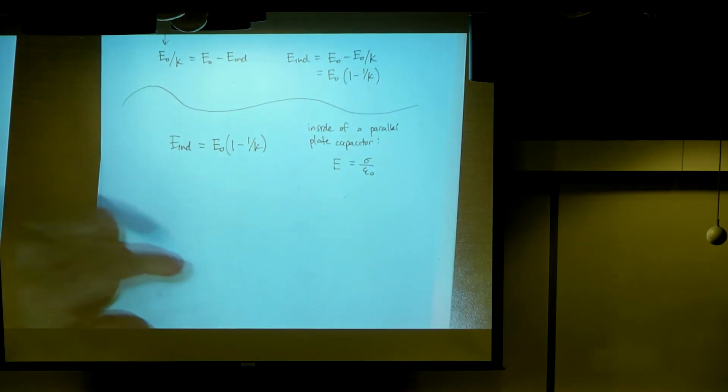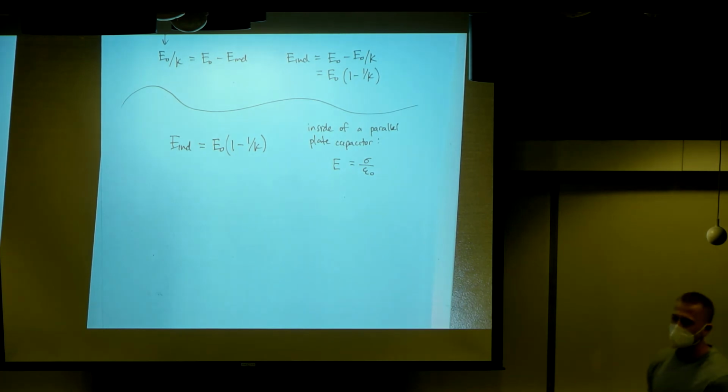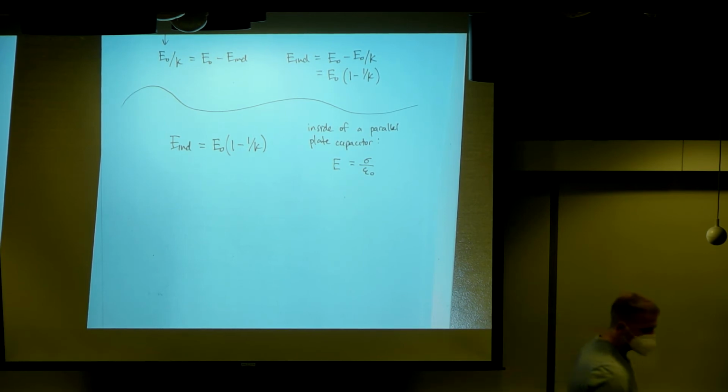This is something we derived way back in the first chapter, so I just want to remind you of that fact. Does anyone remember what sigma represents? Yeah, it's the charge per unit area, right?